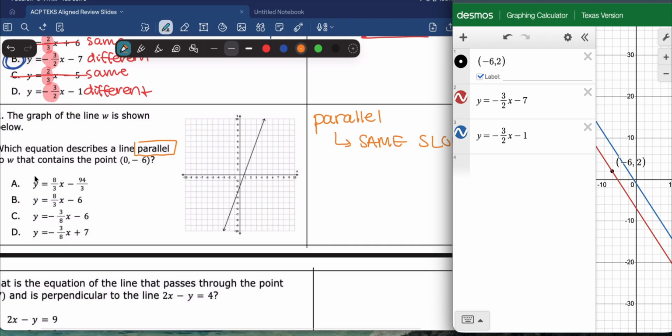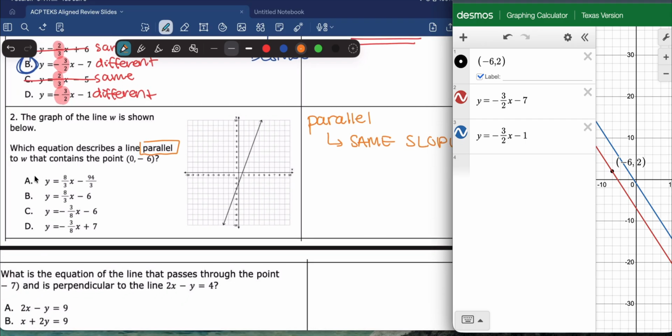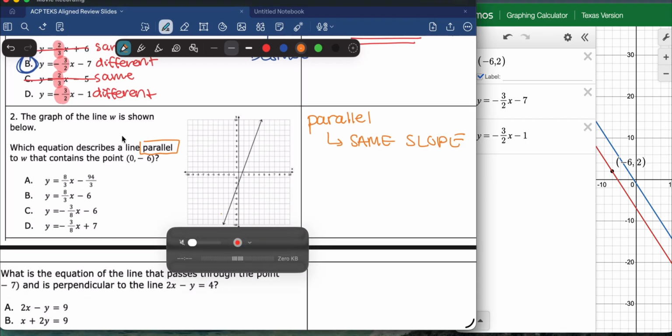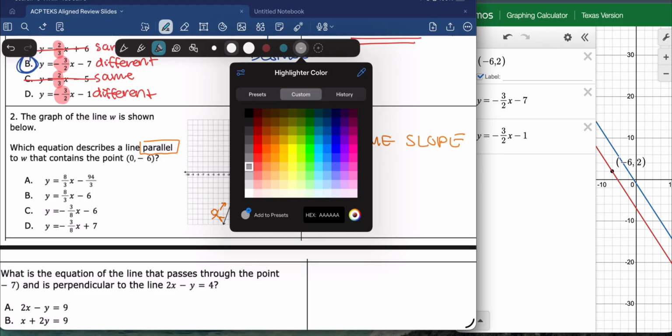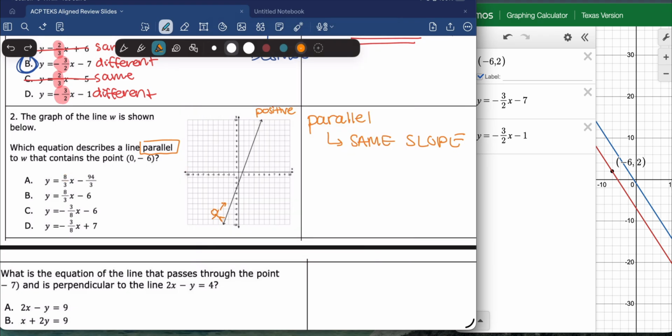Okay. So when you have a graph, it's easier to do it this way. If I draw a little man on the left side of my graph, he is walking up. If he is walking up, this is a positive slope. Now, I want to look at my slopes for my lines. I have 3/8, 3/8, -3/8, -3/8.